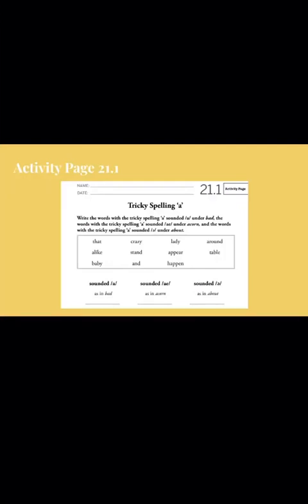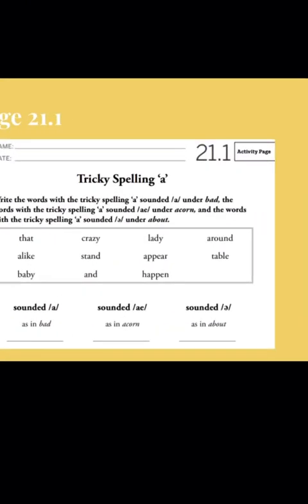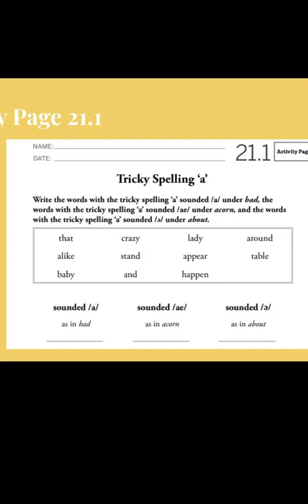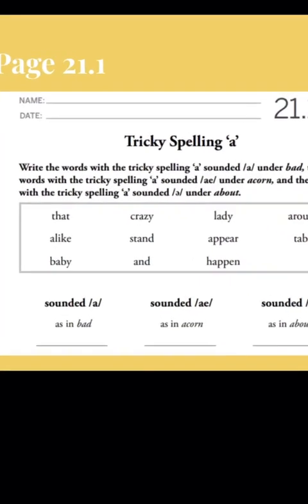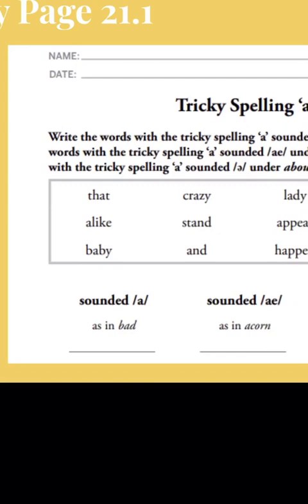Here you're going to be practicing that tricky spelling A. Our directions are asking you to write the tricky spelling A sounded A under bad, and the tricky spelling A sounded A under acorn, and the tricky spelling A sounded under about. So any words that make the A sound are going under our first column where it says bad.